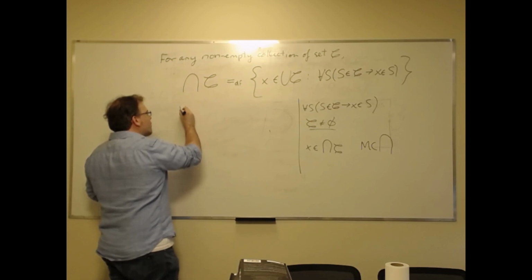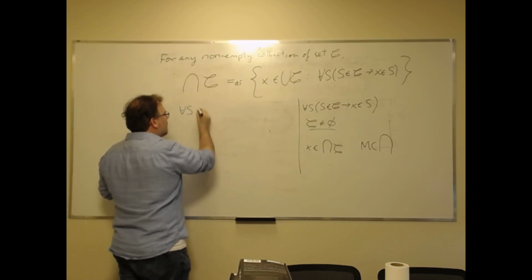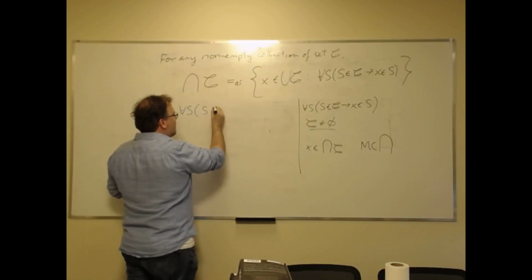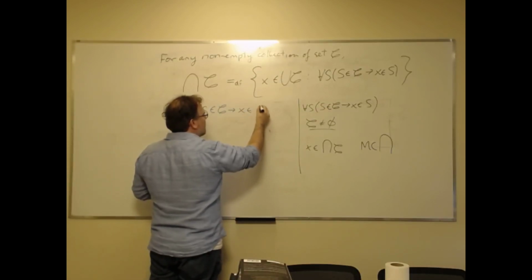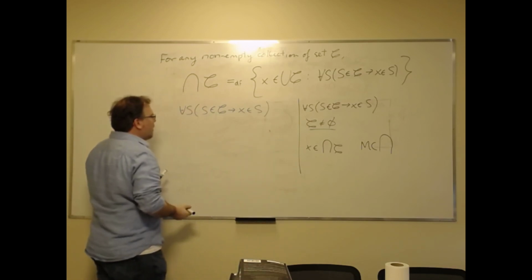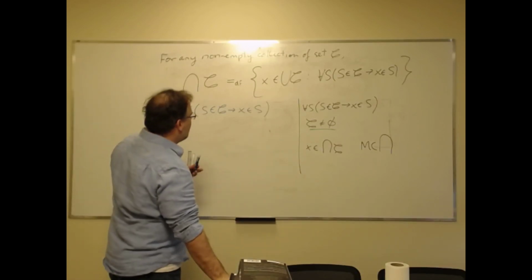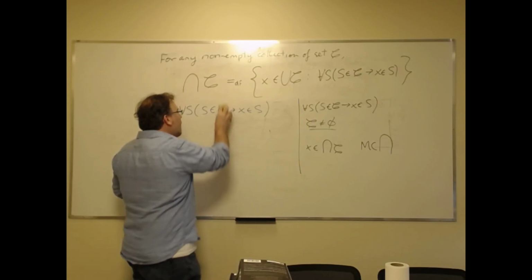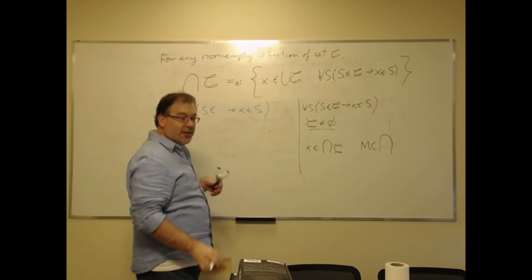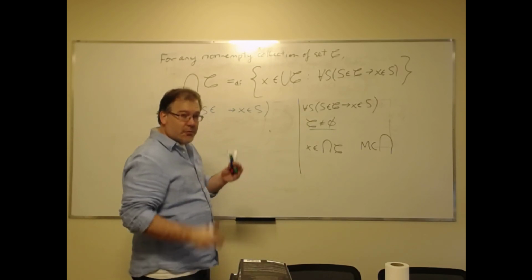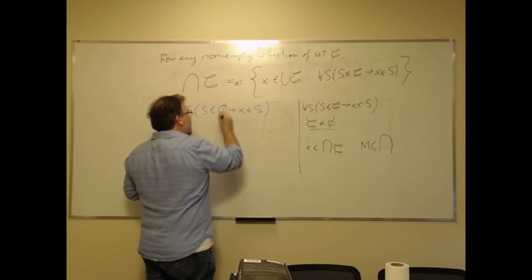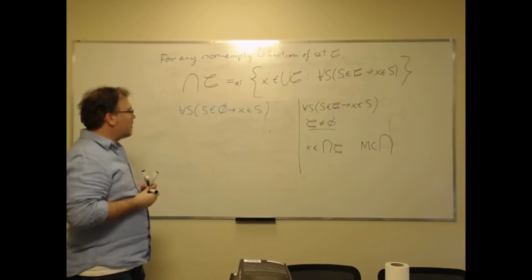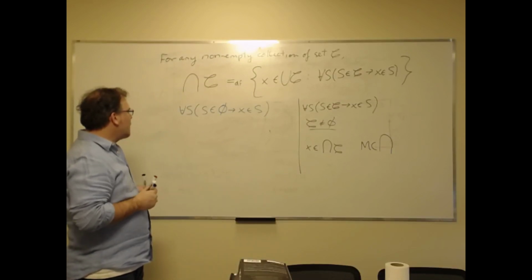So for all S, S is in C, arrow, X is in S. Now, the case we want to exclude, really, but we're trying to understand why we want to exclude it, is the case where the collection is the empty set. It's an empty collection.